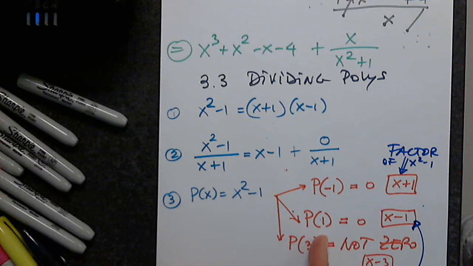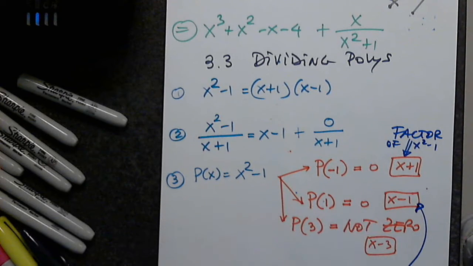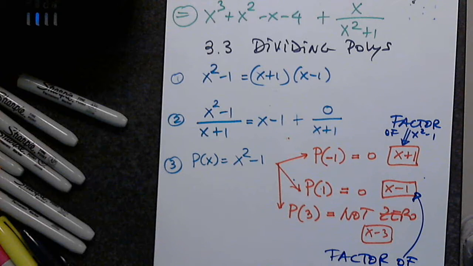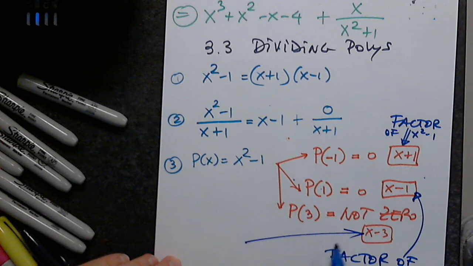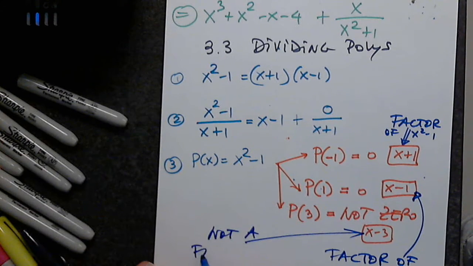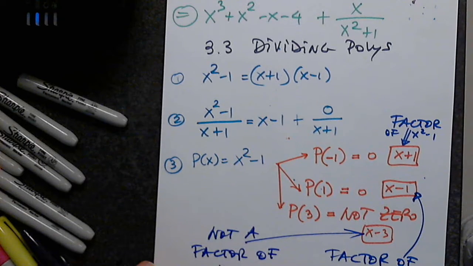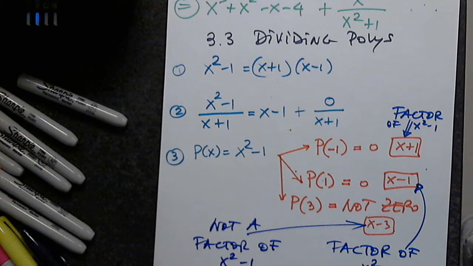When I plug in 1 into the function, I get 0. Why? Because x minus 1 is a factor of x squared minus 1. Exactly. Now, please tell me what can you say about x minus 3? How come that when I plug in 3, I don't get 0? It's not a factor. Exactly. So that is the factor theorem. So I'll say x minus 3 is not a factor of x squared minus 1. Therefore, when I plug in 3, I don't get 0.